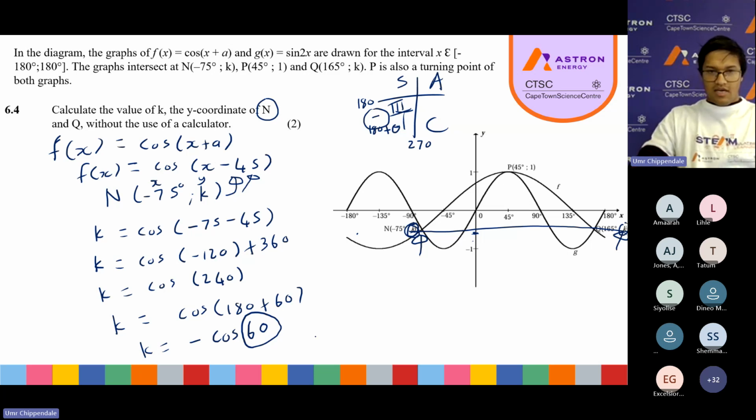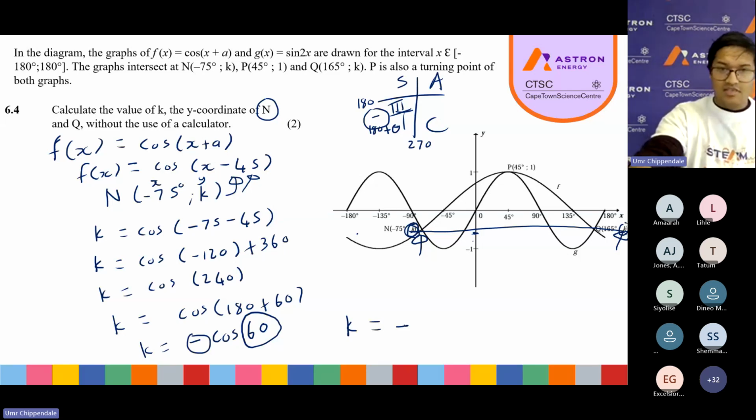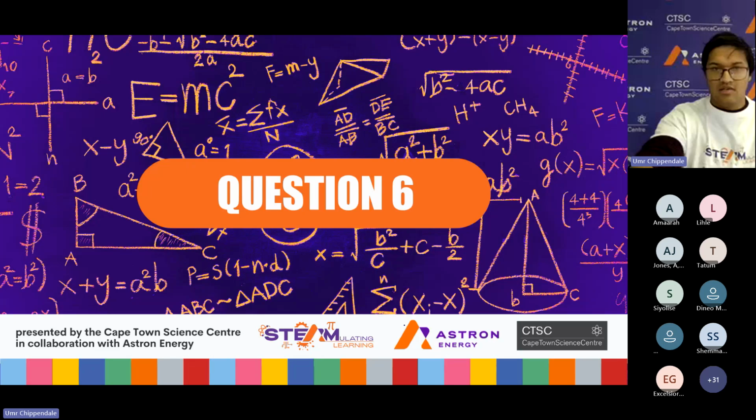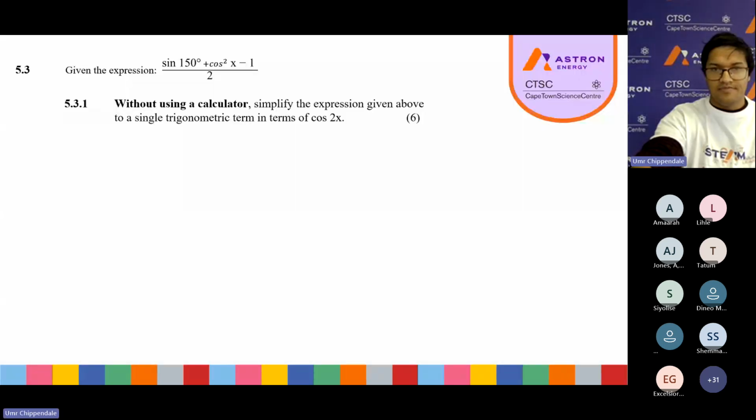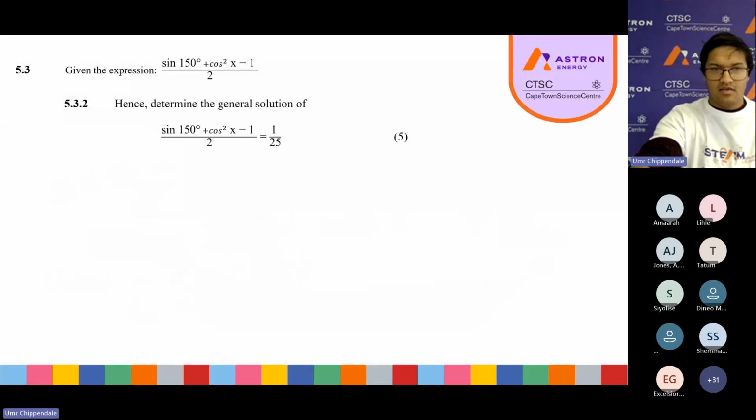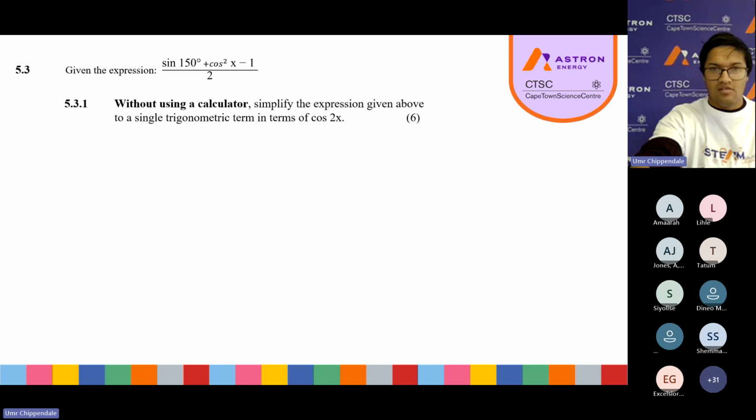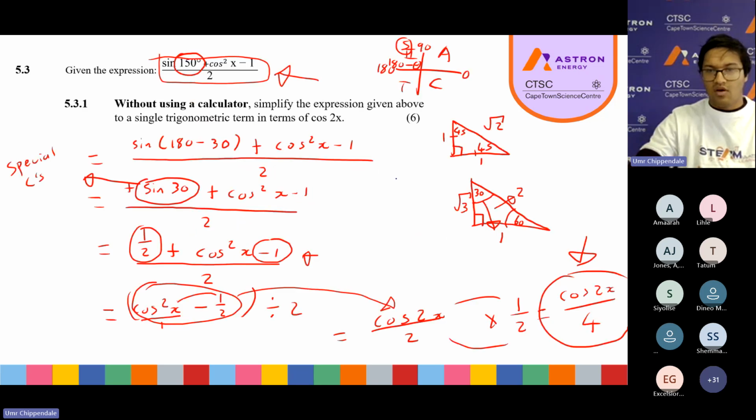So we write our k equal to, we keep our negative, and the negative cos of 60. So cos of 60, if we go back to the slides over here, where did I write it? I'm just going to show you the special angles. There we go. So everyone can follow along. Cos of the special angles is going to be this one over here.